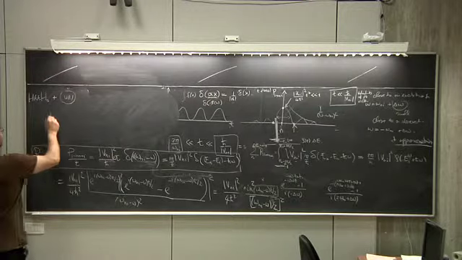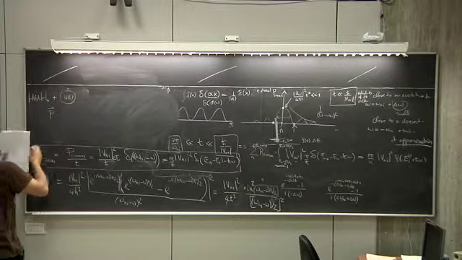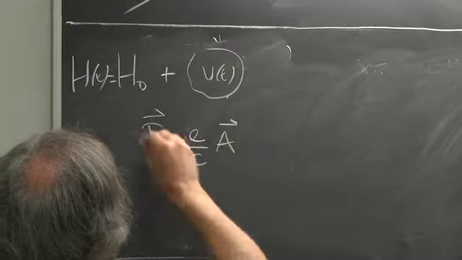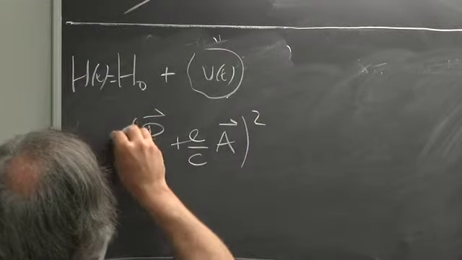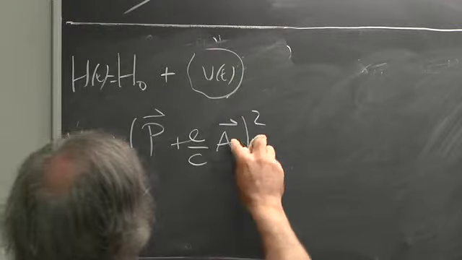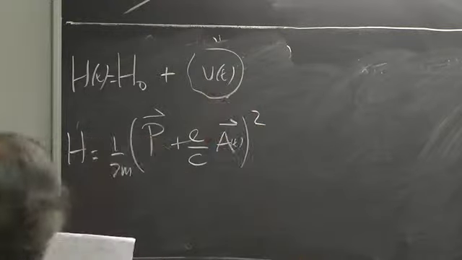So how does it enter? It enters in several places. You know that if the field has a vector potential, it enters like that, okay? And this vector potential, if the field is time dependent, will depend on t.